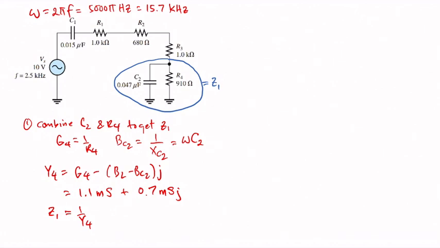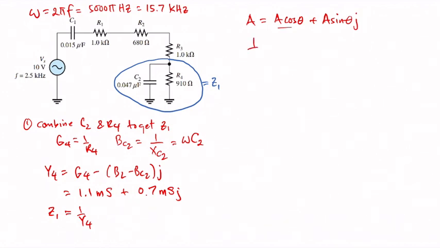Now if you're not familiar with handling complex numbers, this is how you solve for it. Let's say we have a complex number which is equal to a cosine theta, because this is the real component, plus a sine theta j, which is the imaginary component.